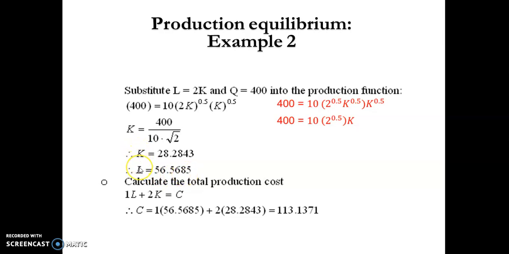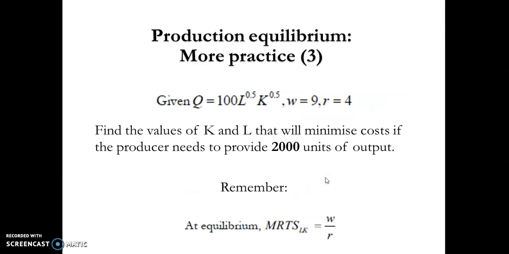So you have K and L, and now you can substitute that into your cost function, your iso-cost line, which was this function over here, because we have L and we have K, but what we don't have is our total input cost. So C is thus equal to 113.1371.